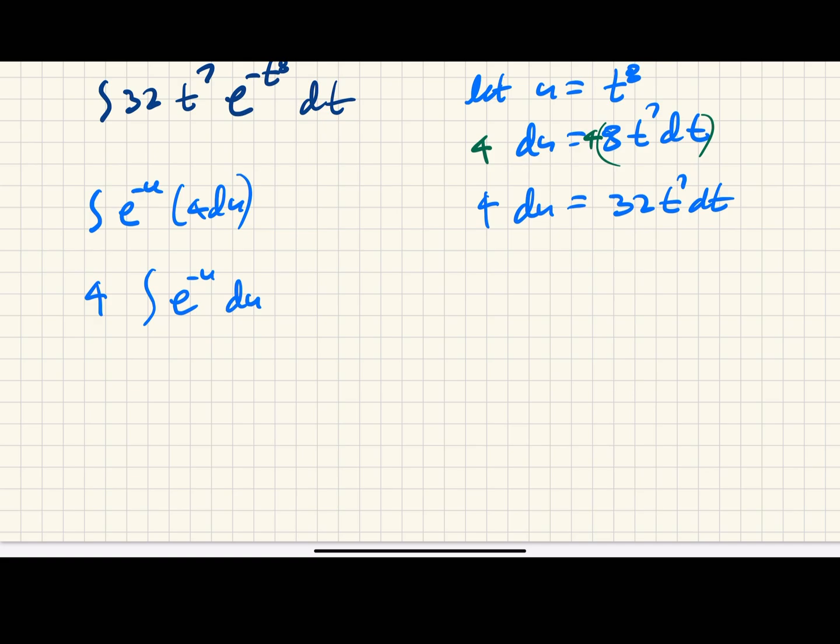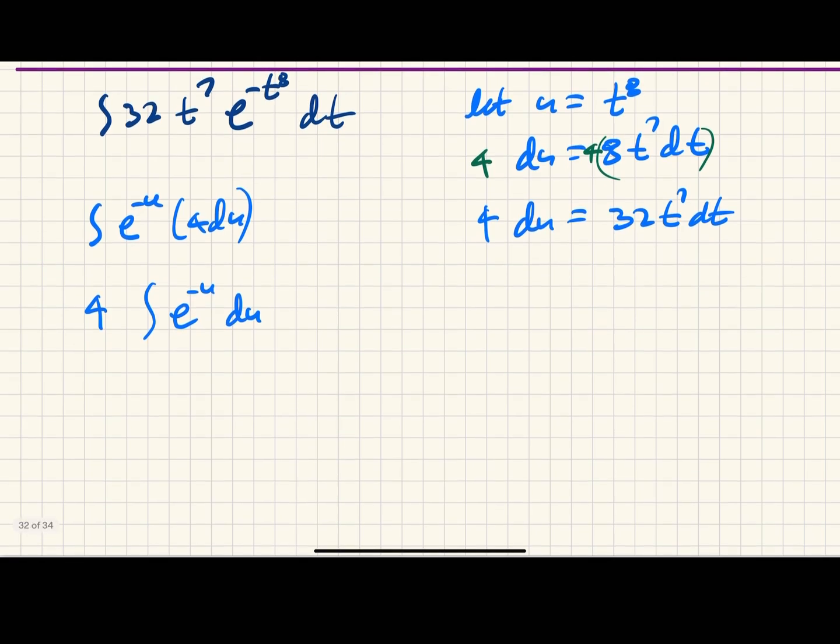But what's the integral of e to the minus u? What's that? No, you might have been right. I don't think I was. I was doing the derivative instead of the antiderivative. Well, are they different? You have to put 1 over e to the u.